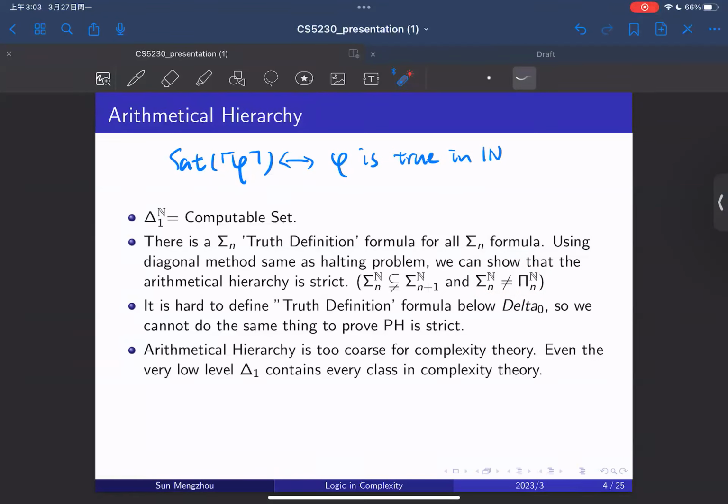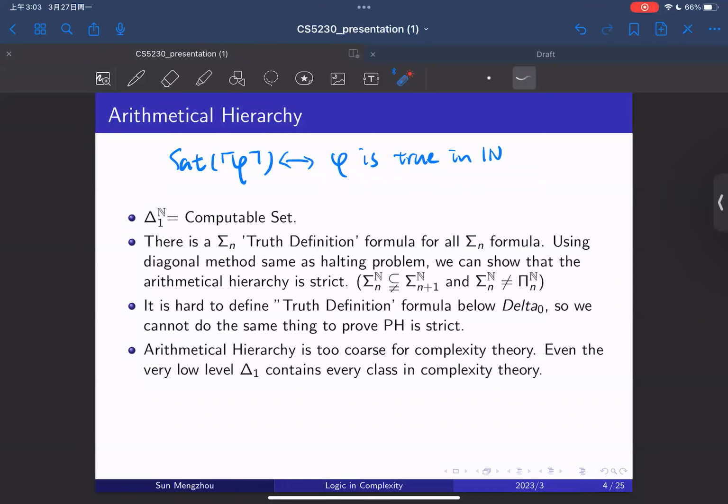So actually, except for this arithmetical hierarchy, all of the other hierarchies lie very far below delta 1. We do not know anything about this. We don't know whether it is strict, whether it will collapse or not.